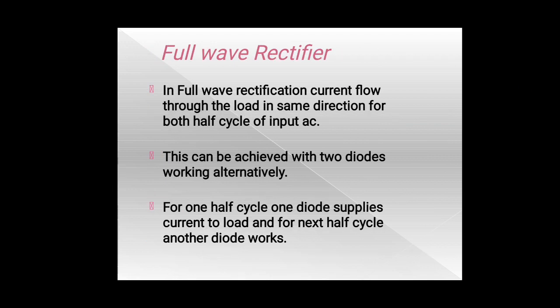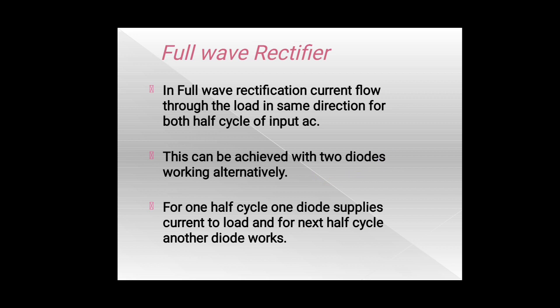The next one is the full wave rectifier. As its name indicates, the output is obtained in both half cycles. See here. In a full wave rectifier, the current flows through the load in the same direction for both half cycles of the input signal. This can be achieved with two diodes working alternately.